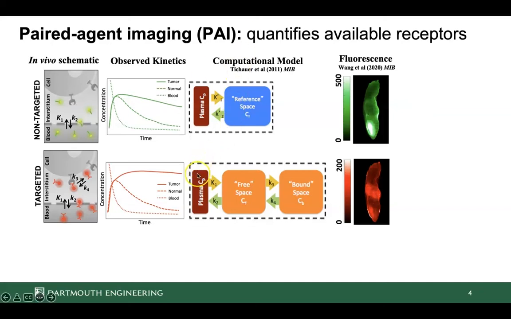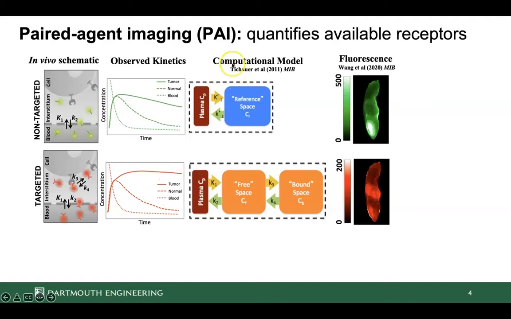So in the fluorescence images, it's hard to know whether the signal is coming from the tumor directly, from the agent actually bound to the receptor of interest, or if it's just in the tumor because of this EPR effect, or if it's just still nonspecific uptake in the surrounding tissues.